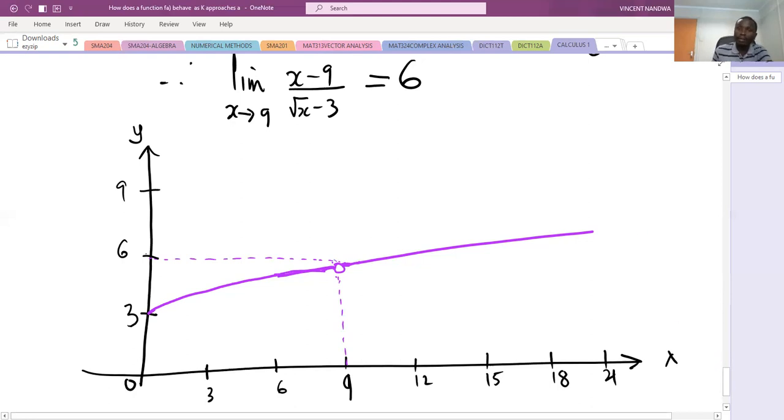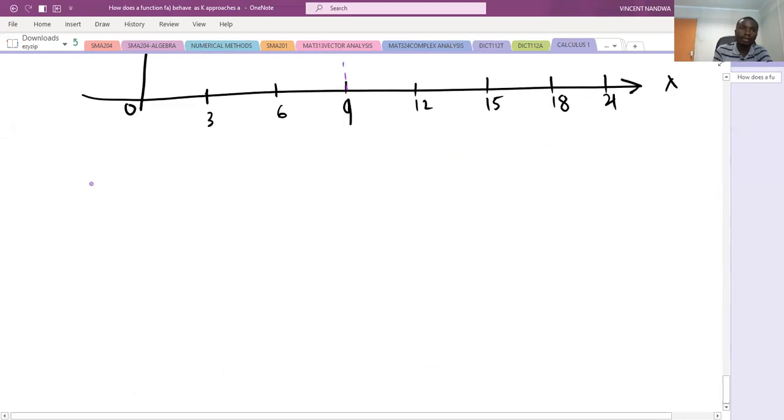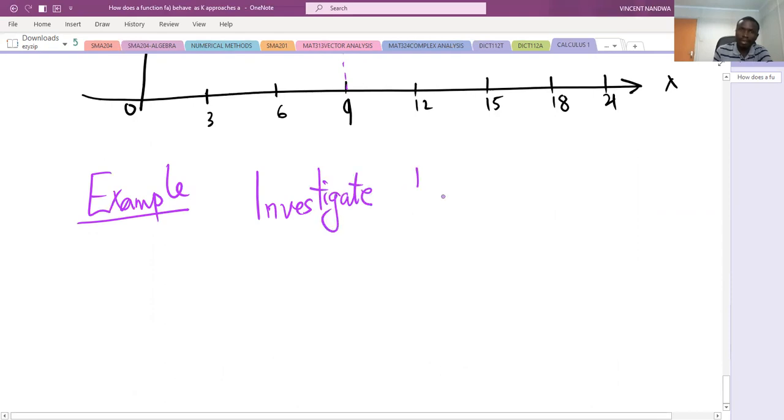And then example 2: investigate the limit as x approaches 4 of x squared.